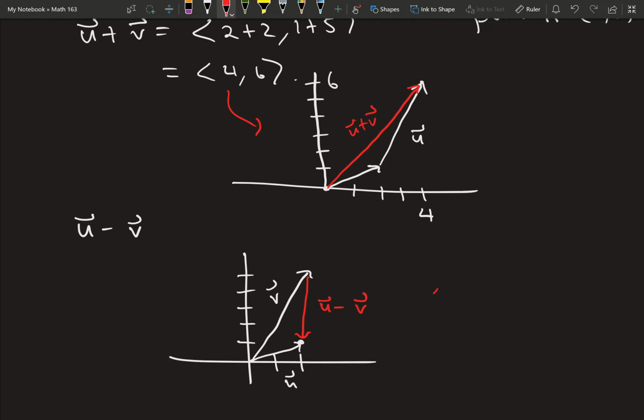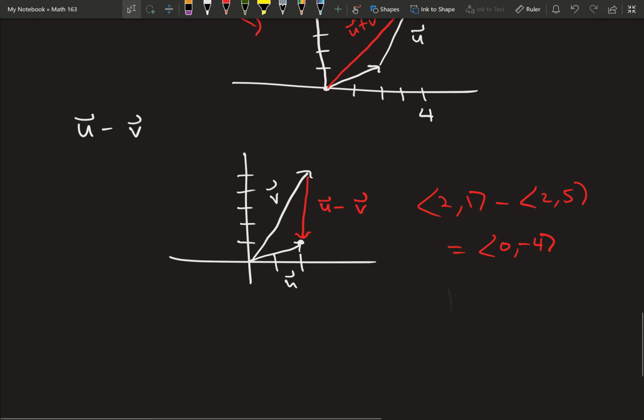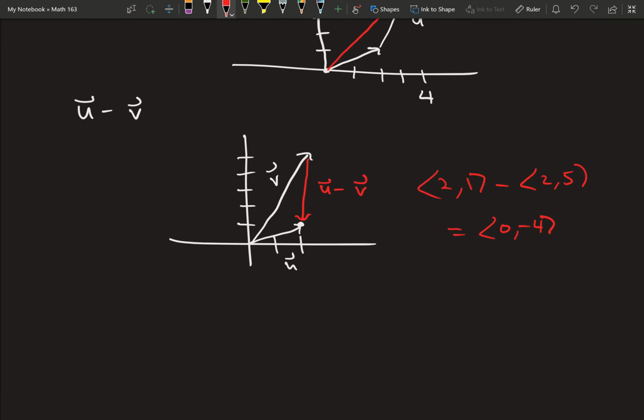And indeed, if you take (2, 1) and you subtract (2, 5), what do you get? You get the vector (0, minus 4). And if we drew (0, minus 4) from the origin, we would have something like this, and that vector is exactly the same as that.